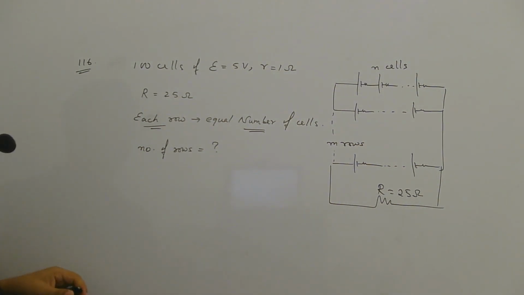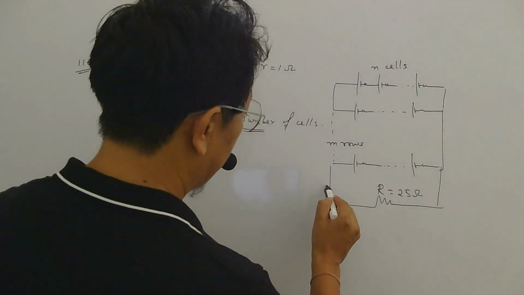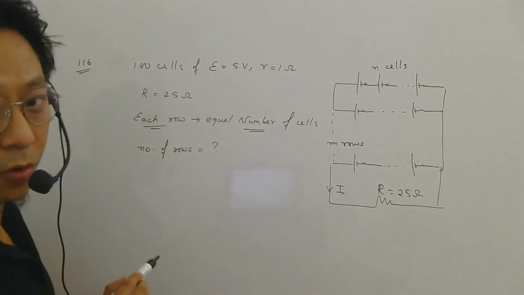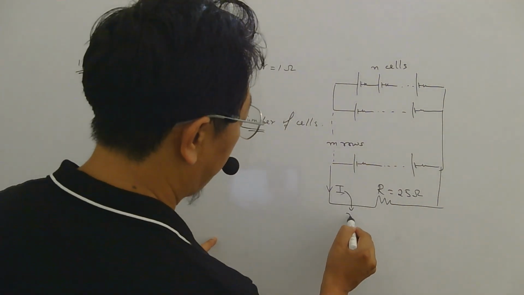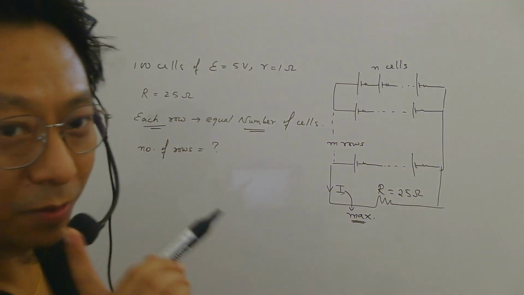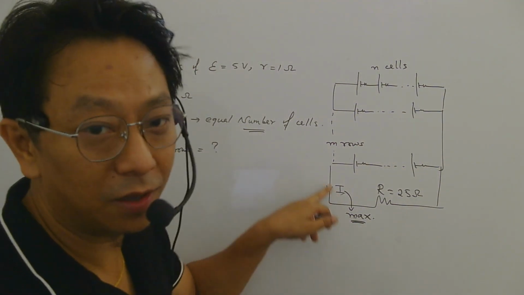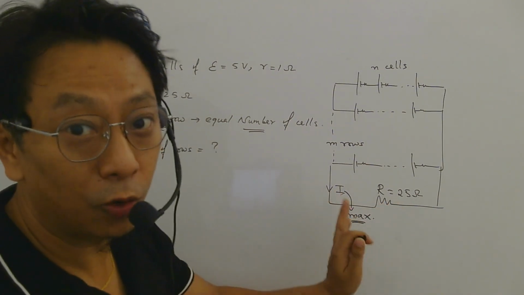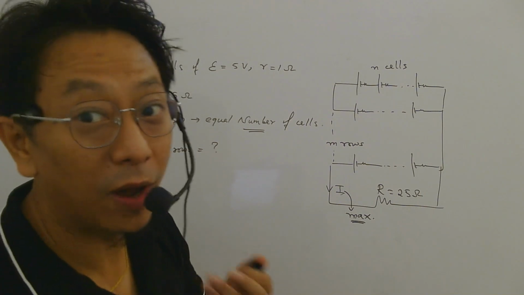Now they must mention here that whatever current flows here, either they should give the current or they should say this current is max. Either the value of current should be given or maximum current flowing has to be mentioned. Why?